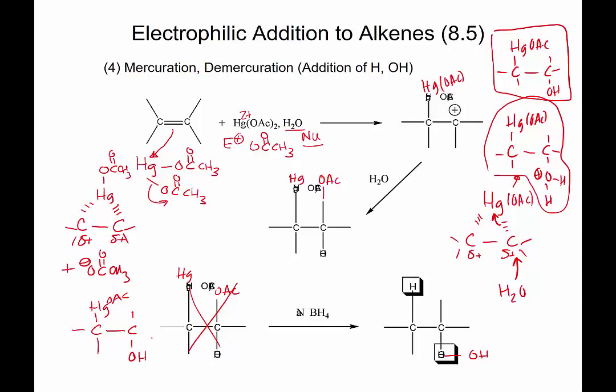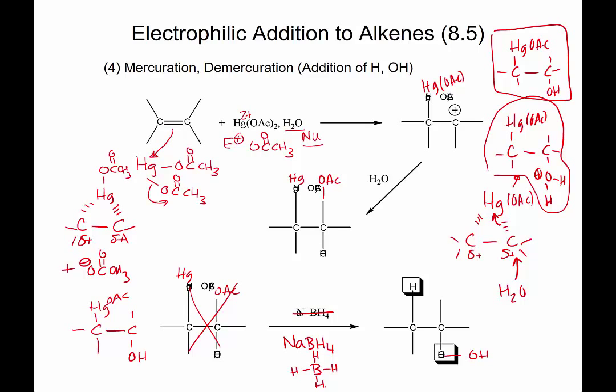Now, to get rid of the mercury, we use a reagent called sodium borohydride. Sodium borohydride is the sodium, the BH4, this has 4 hydrogens attached to the boron. It turns out that hydrogen is actually more electronegative than boron.